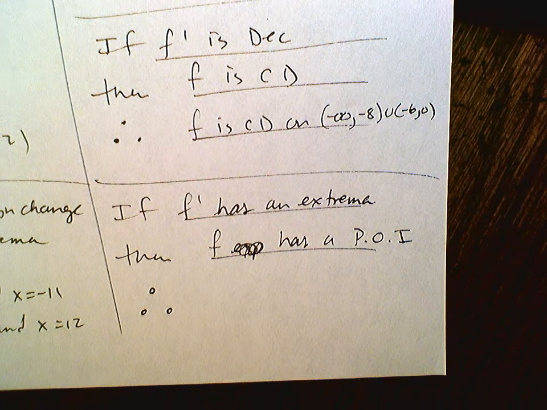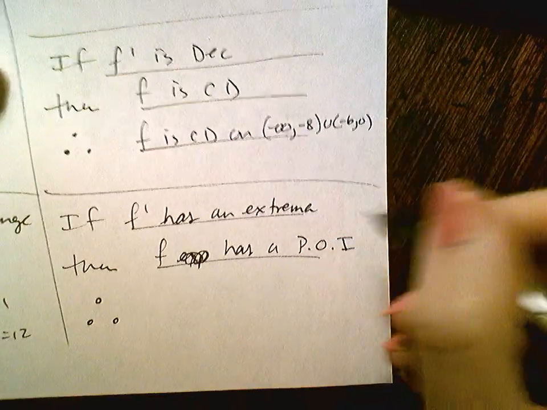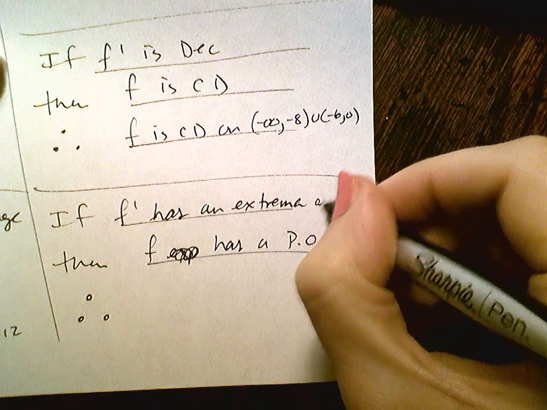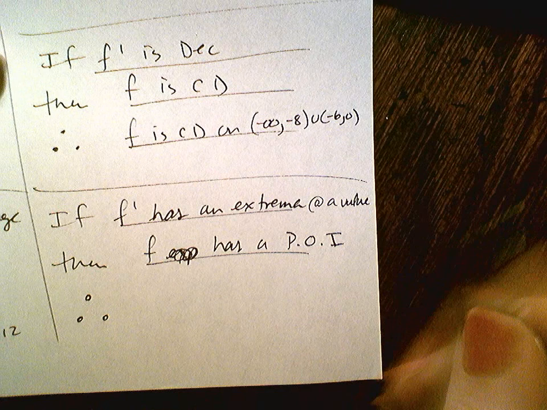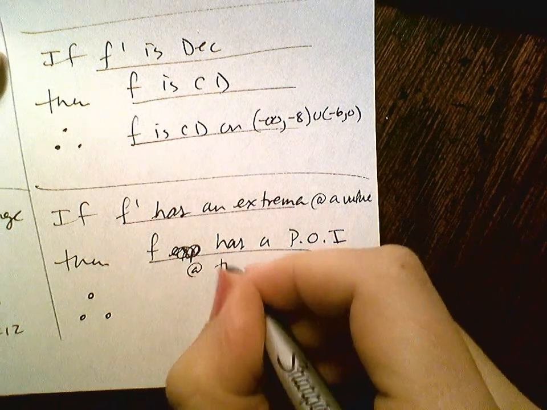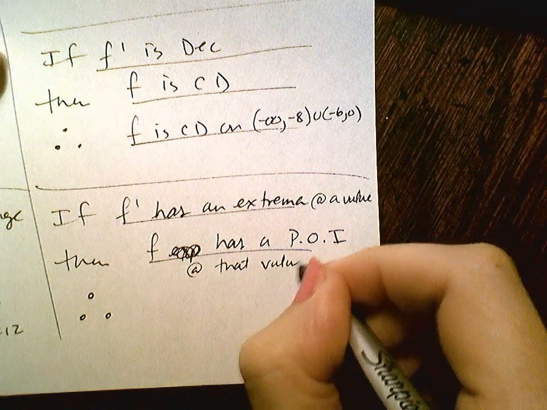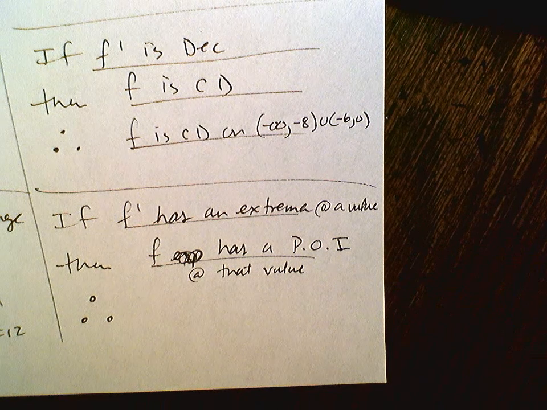That's better language. Maybe I should be saying that. If f prime has an extrema at a value, then f has a point of inflection at that value. That's what we should be saying.